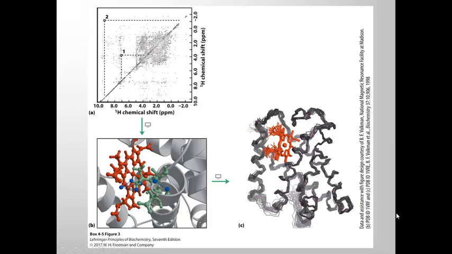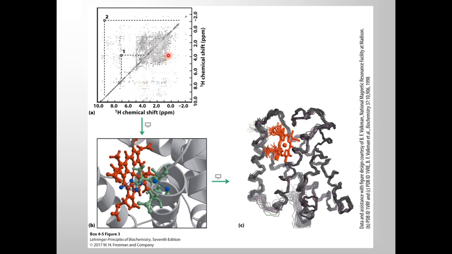Again, shown here is an example where two-dimensional NMR is used to generate a three-dimensional structure of myoglobin. Now, the diagonal, as shown here, in a two-dimensional NMR, where one dimension is a proton chemical shift, the other dimension is also another proton chemical shift. The diagonal is equivalent to a one-dimensional spectrum.